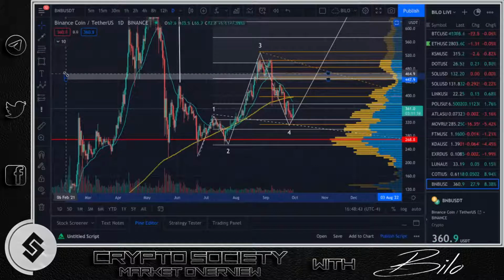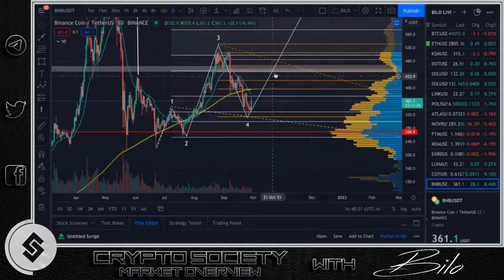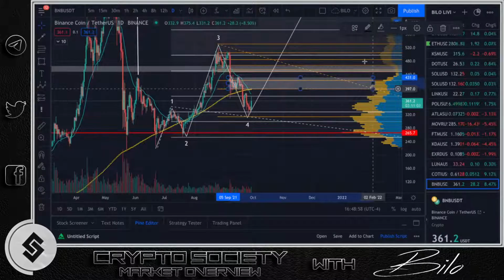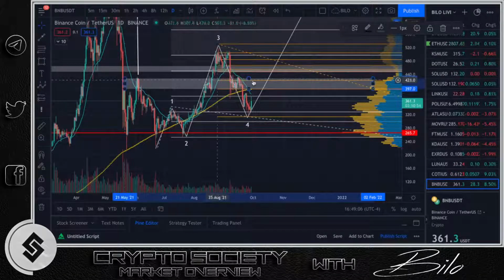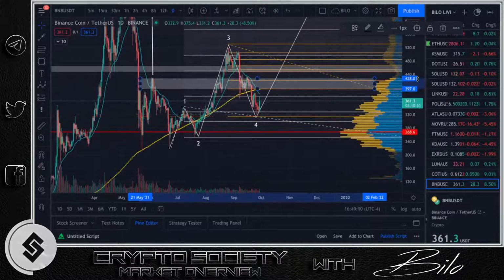The confluence, as you can see here, we have these wicks. So this is a zone that we will most likely not make it through right away. And this is another zone here, not because of Fibonacci at all, but because we had some price action in this area, and you can see it extends over to here too. So there's a lot of resistance going up if you look at it from a price action perspective.